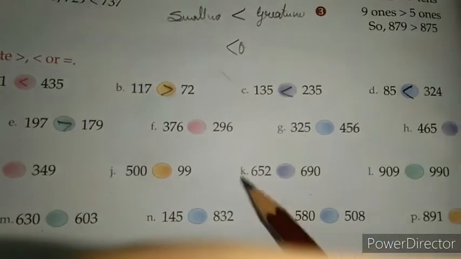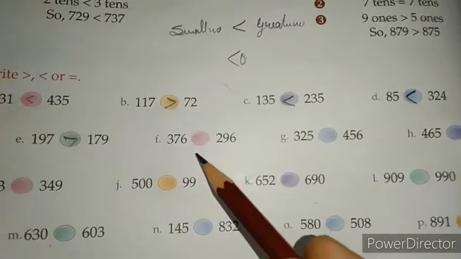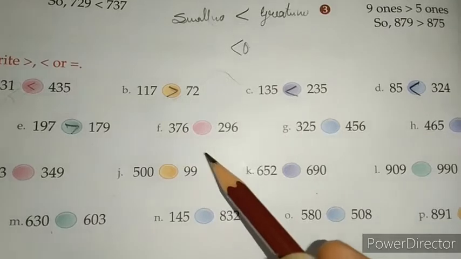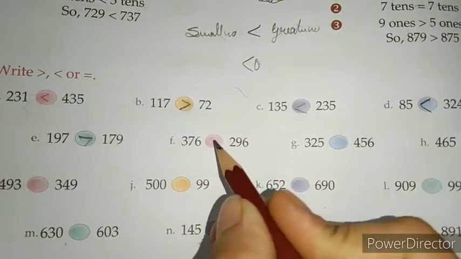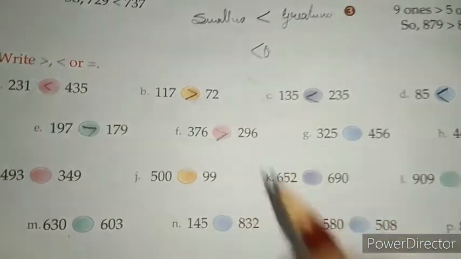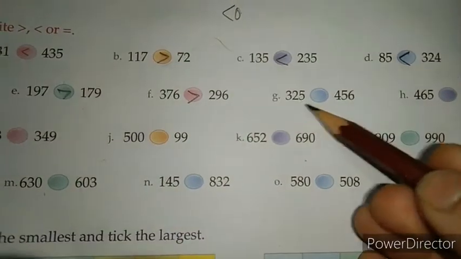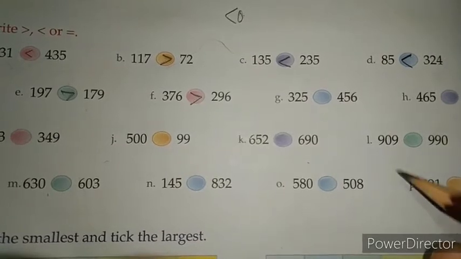Okay, next one, 376 and 296, then tell me students which number is greater. Yes, 376, then which sign is right? Yes, this one. Here 325 and 456, then which number is greater and which number is smaller?